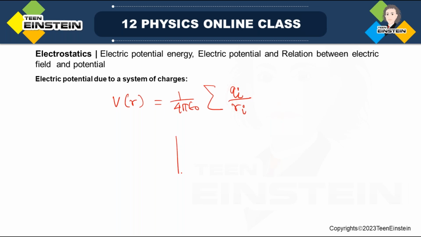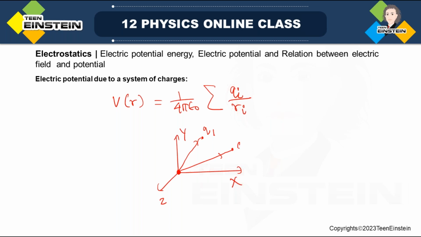Suppose this is x, y, z. Some particle has some charge. Suppose here there is a point. Okay, so here is the point. I have to calculate the electric potential due to this charge Q1 here, then Q2 here. Suppose the position vector is R1.